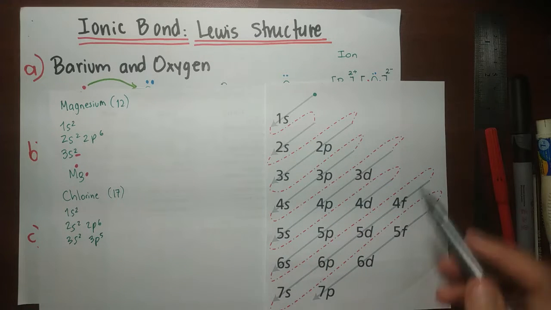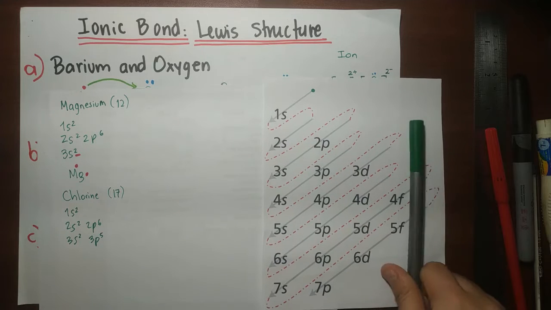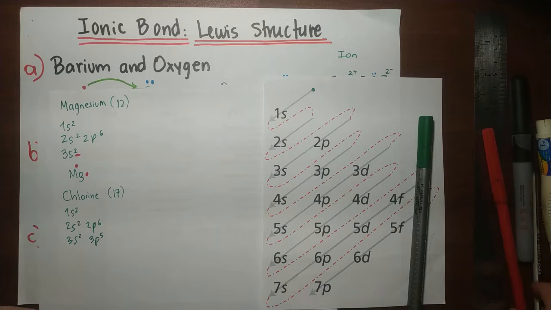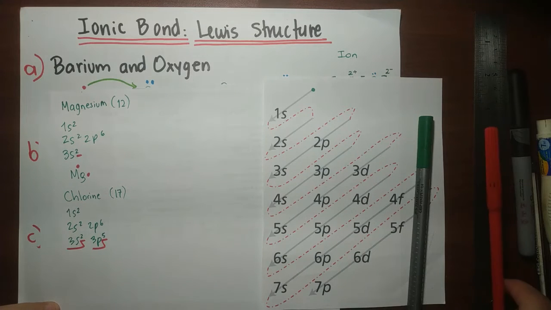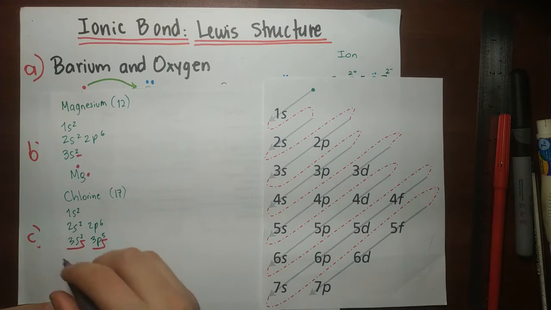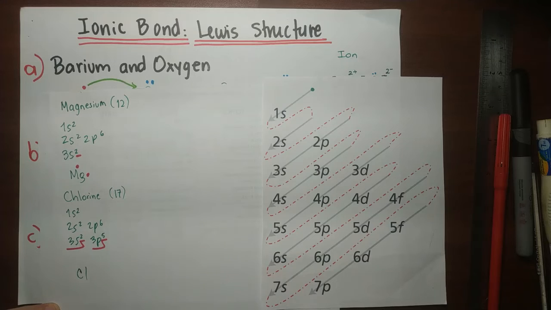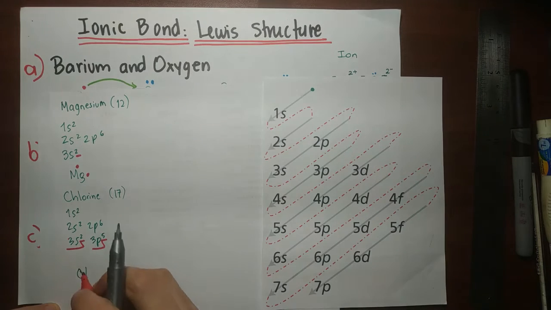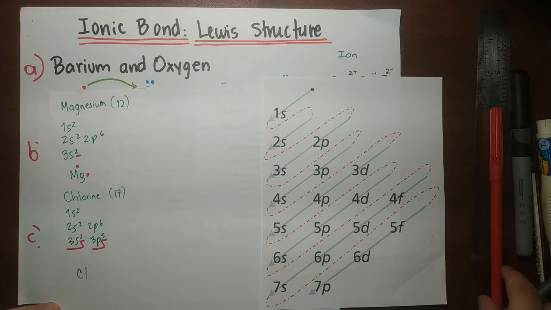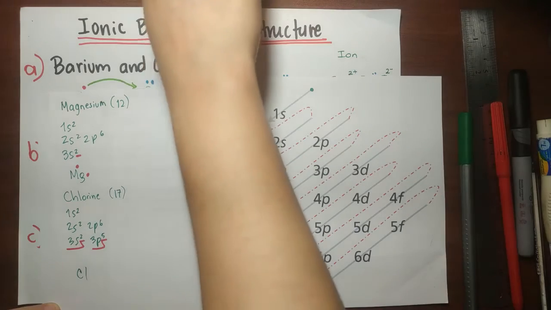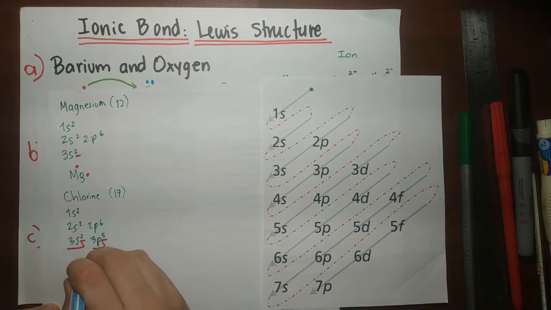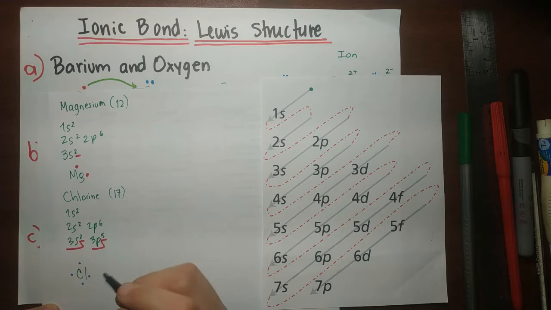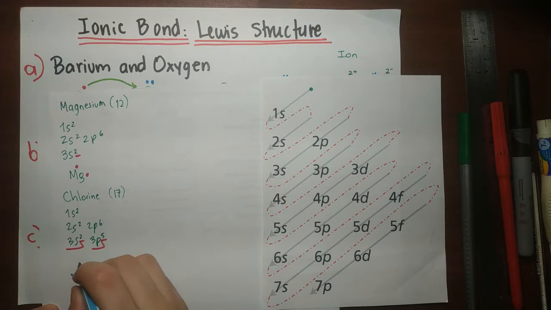Okay, we follow the pattern, remember? So that means that chlorine has in the outermost level 2 plus 5, 7 electrons. So the Lewis structure will be chlorine, that symbol, plus the 7 electrons around it. So it's gonna be 1, 2, 3, 4, and then 5, 6, 7.